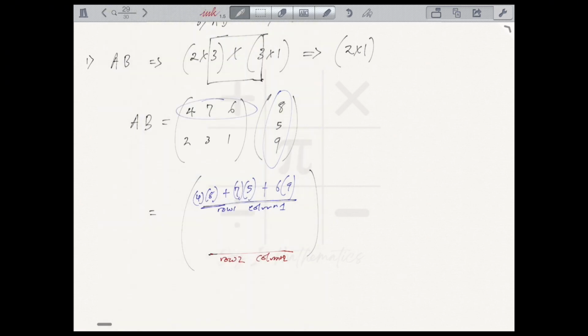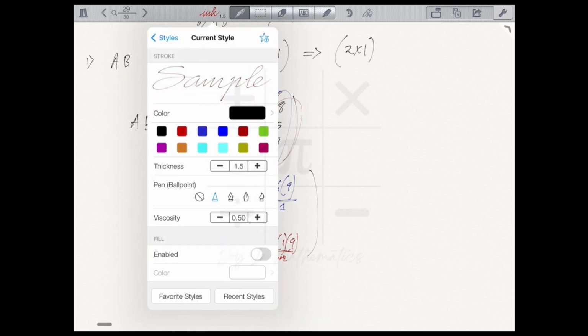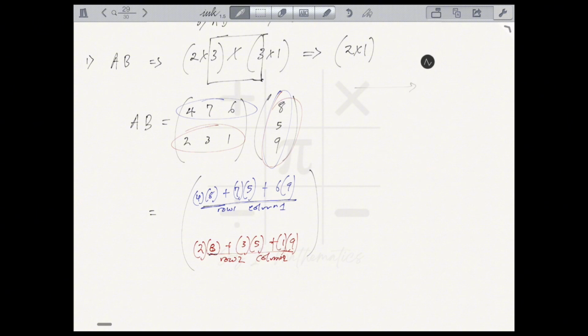And the next row is this multiplied by this, so it will be 2 multiplied by 8 plus 3 multiplied by 5 plus 1 multiplied by 9. We can see that it still follows the principle of matrix multiplication, that it is the row multiplied by the column.